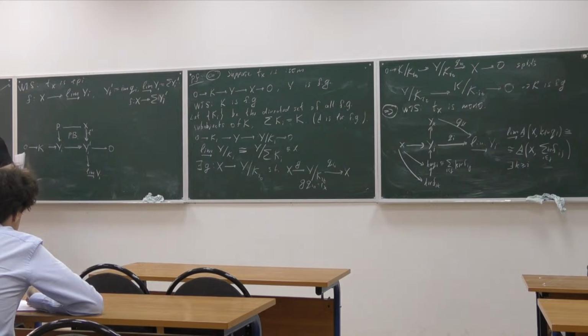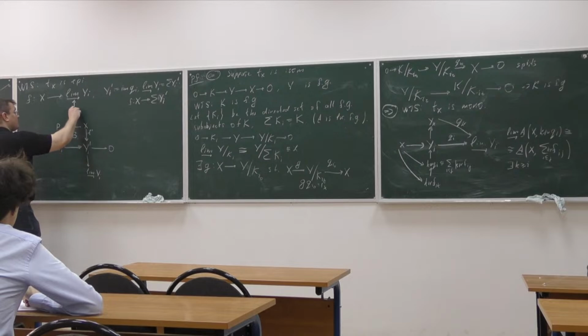Let me try again. If this is the limit, then from the limit I have canonical maps, in this direction. But wait a second.